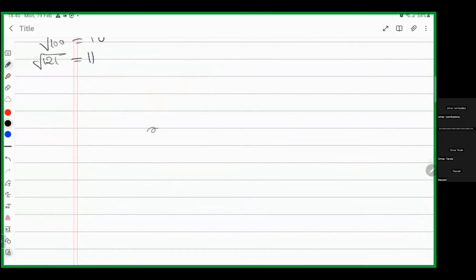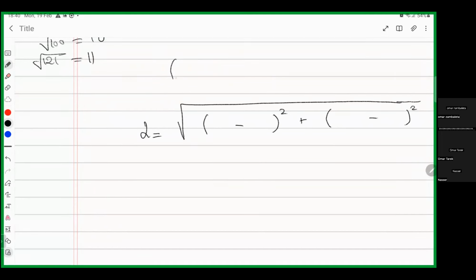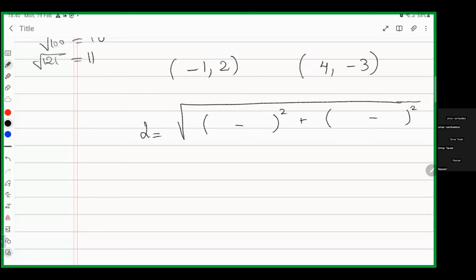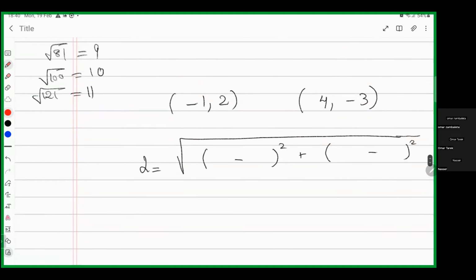Again, the rule. I will write the rule again. The square root of the change in x squared plus the change in y squared. Okay? And he will give you 2 points. Let's consider any 2 points, -1 and 2, and the second point, let's say 4 and -3. Any 2 points, whatever.